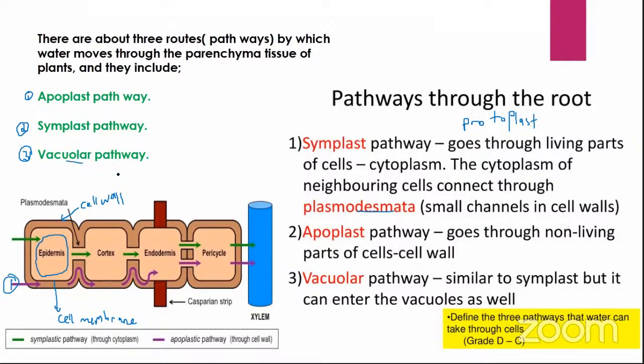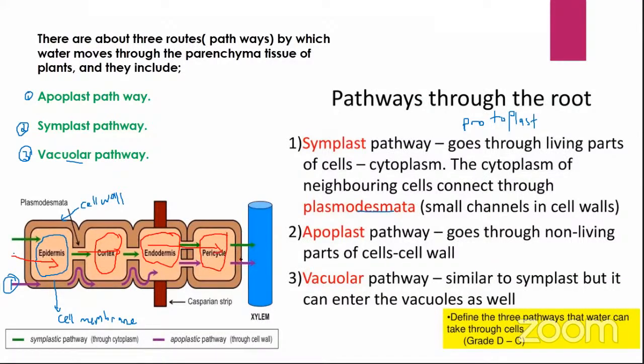So it actually looks very similar to the simplest, but in this case water will also go through the vacuole, then the cytoplasm, and then the vacuole. If I can draw more vacuoles here, like that, it will go like that until it reaches the xylem.